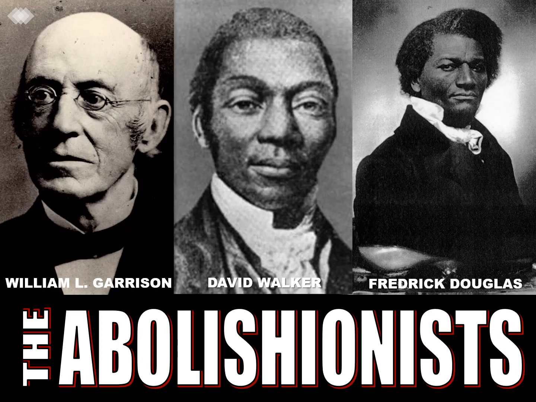William Lloyd Garrison makes his name by changing the narrative. Slavery doesn't harm white people, it harms black people, and he's trying to get people to see it that way. You are harming others. He rejects gradualism. He calls for the immediate abolition of slaves with no compensation for slave owners.